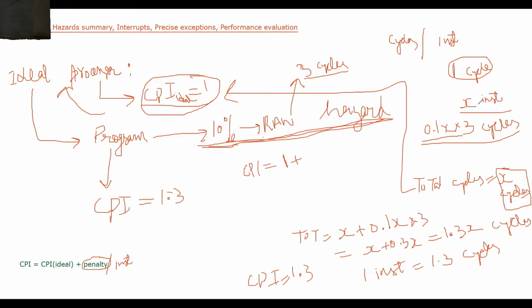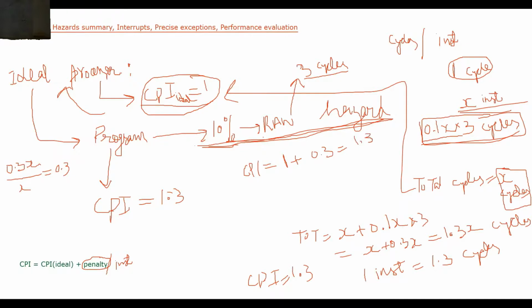For X instructions we have 10% RAW dependency, so the penalty was 0.3X cycles for X instructions. Per instruction, we divide by X, which gives 0.3. So CPI equals 1 plus 0.3.